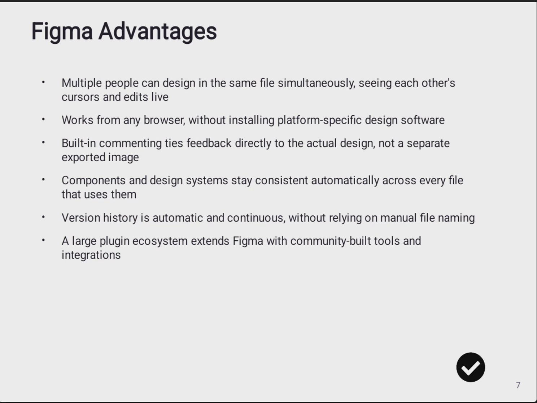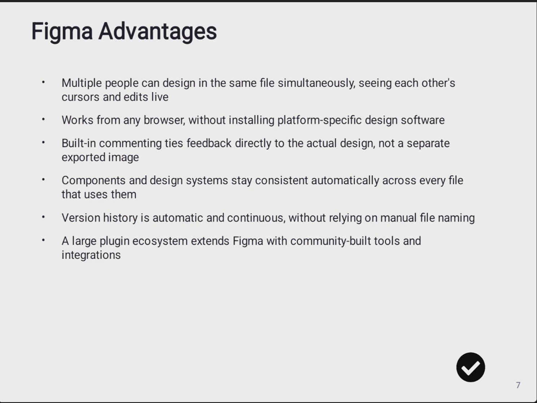Figma advantages. Multiple people can design in the same file simultaneously, seeing each other's cursors and edits live. Works from any browser without installing platform-specific design software. Built-in commenting ties feedback directly to the actual design, not a separate exported image.